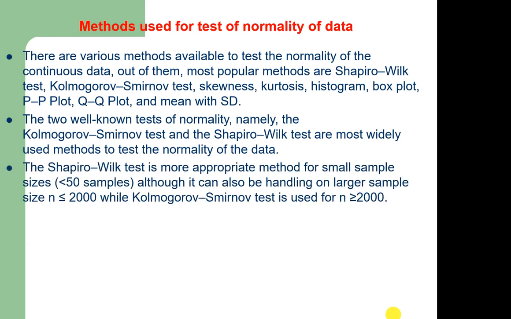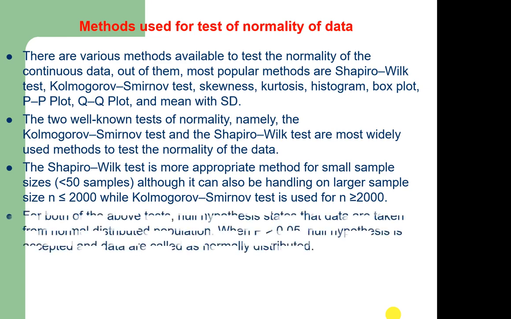The Shapiro-Wilk test is a more appropriate method for small sample sizes. In some papers, it says that it is more appropriate for a sample size of up to 50 observations, although it can handle large samples of size up to 2000, while the Kolmogorov-Smirnov test is used for sample sizes greater than 2000.